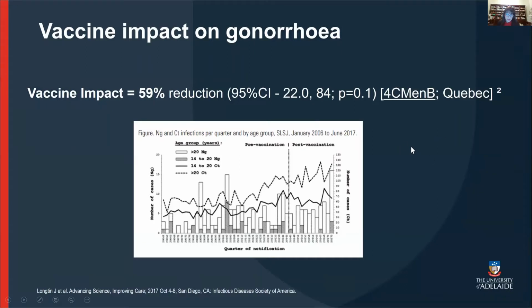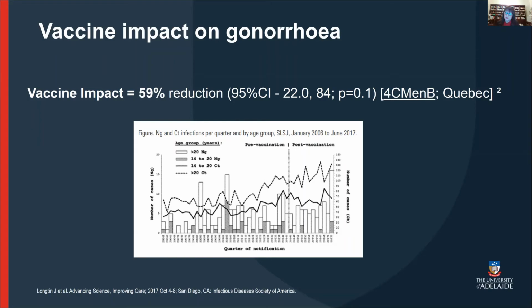So the next study was done in Canada, in Quebec. This was when there was an epidemic of, again, serogroup B, where the 4C-Men-B vaccine was introduced this time. So an opportunity to measure the impact of 4C-Men-B in this young population.